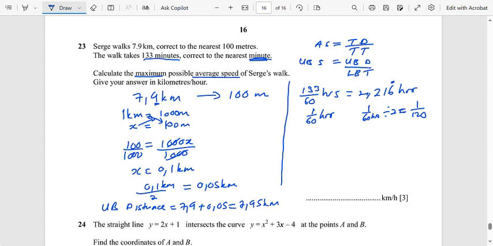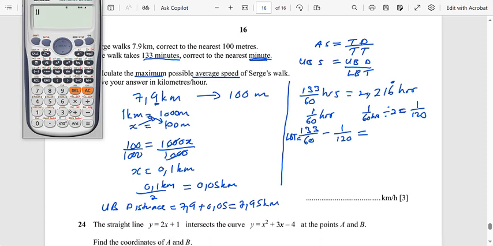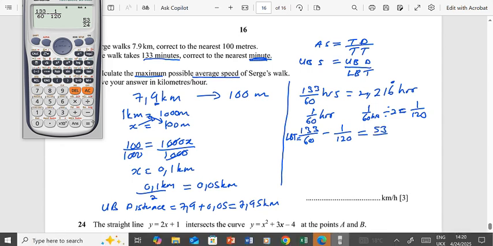Since I want the lower bound time, I'm going to take the 133 over 60 hours and subtract 1 over 120. So this is the lower bound time. That's 133 over 60 minus 1 over 120, which gives me 53 over 24. So that's 53 over 24 hours, or 2.208 something.